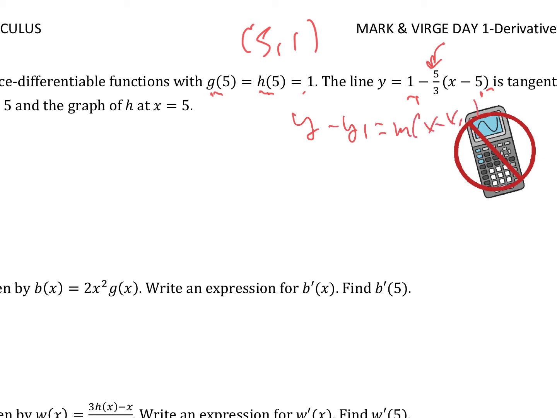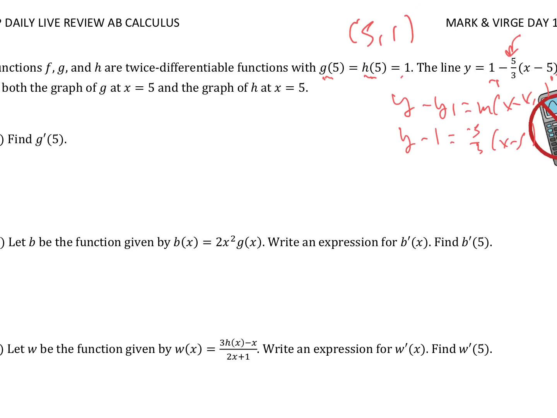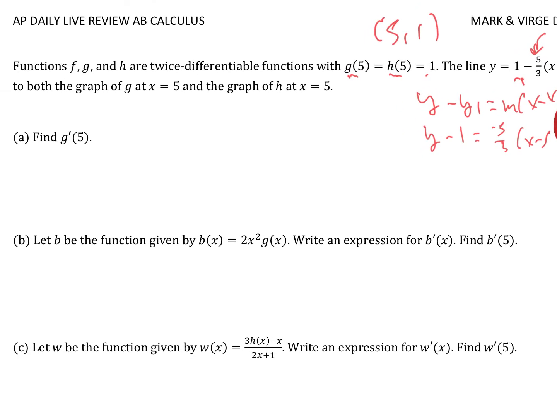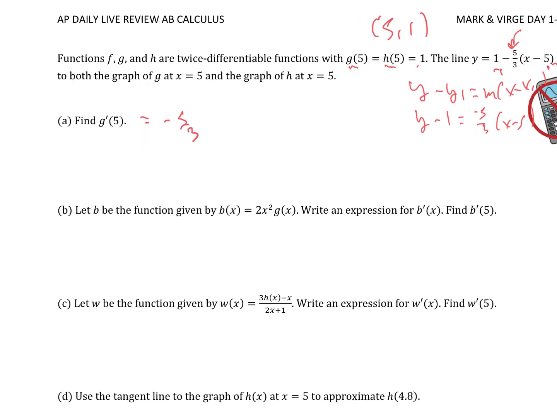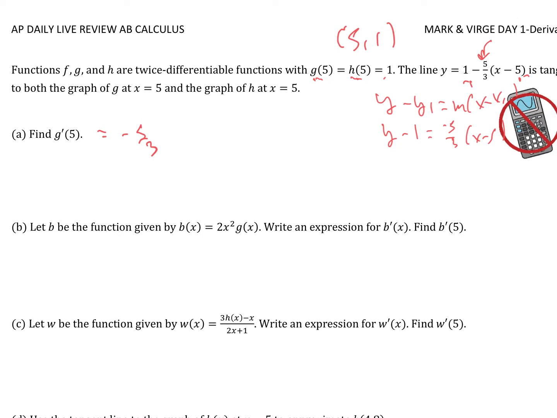So just by moving that over, we've got y minus 1 equals negative 5/3 times x minus 5. So the slope, g prime of 5, is negative 5/3. It's kind of weird to have two equations that have the same tangent line, but it can happen, you know.